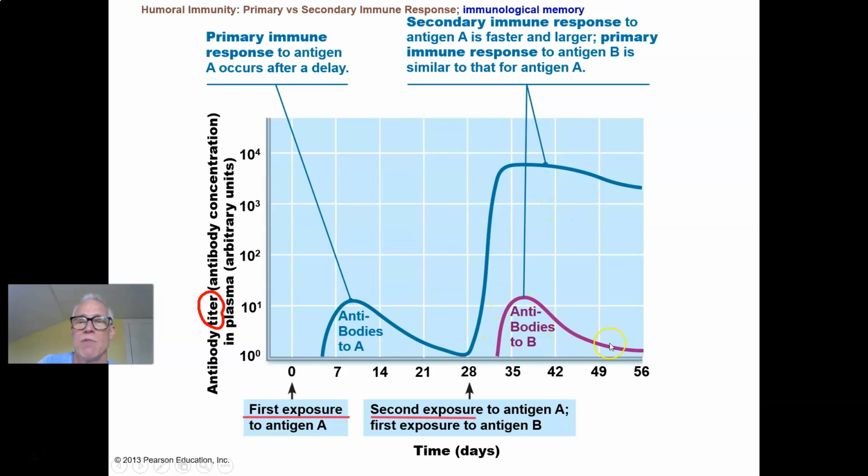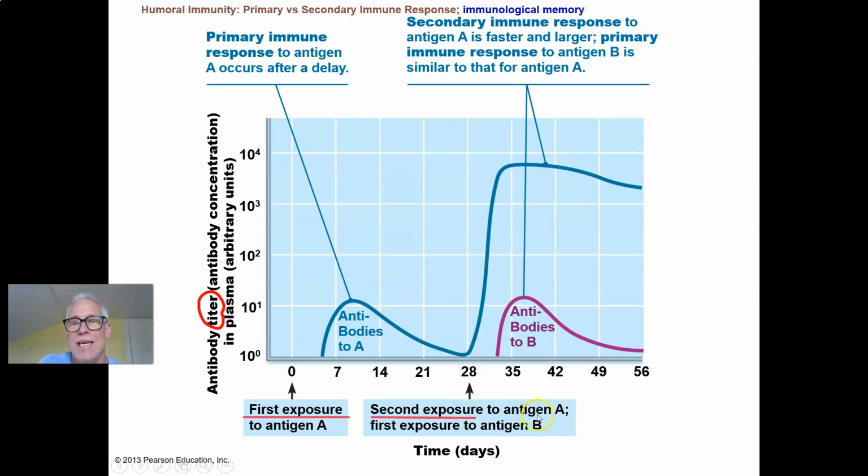This little pink graph line right here represents a control. Whenever you do an experiment, you need to have a negative control, just to prove that this primary immune response didn't just rev up the entire batch of lymphocytes, rev up the entire immune system. Here we have chosen to introduce a different antigen into the body at the same time as our secondary exposure.